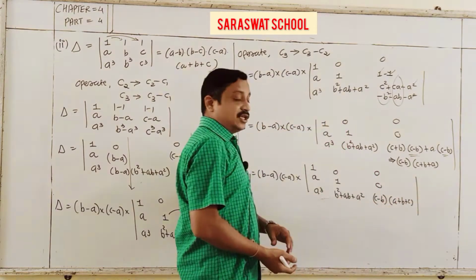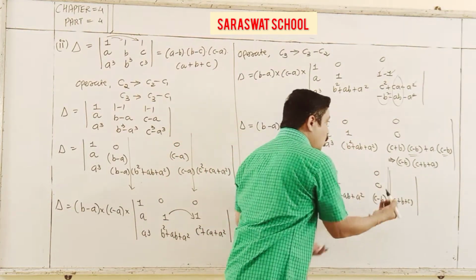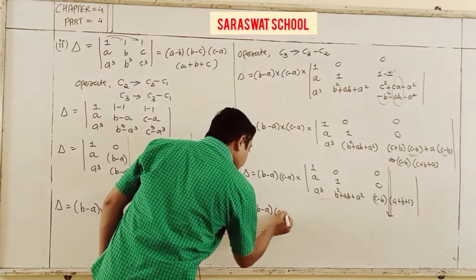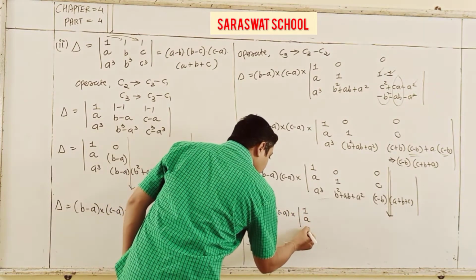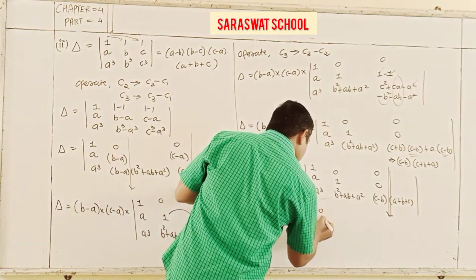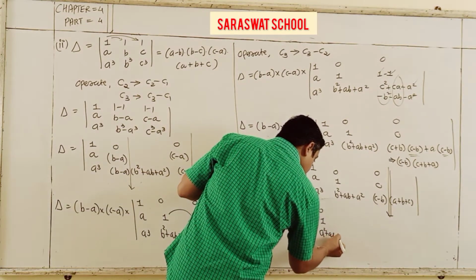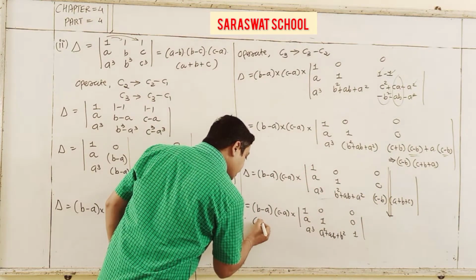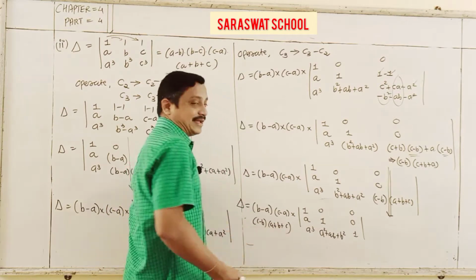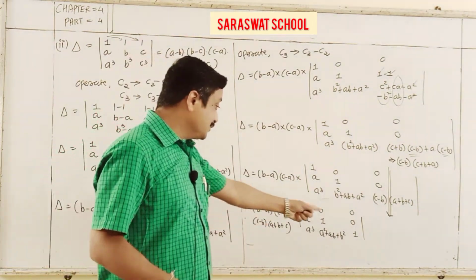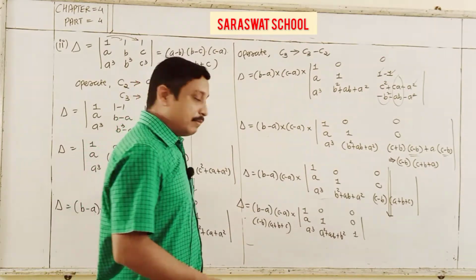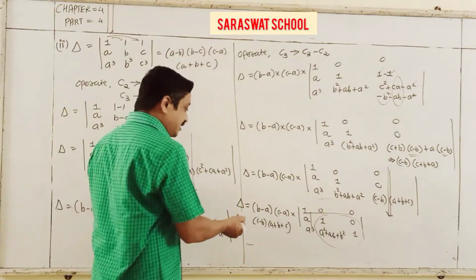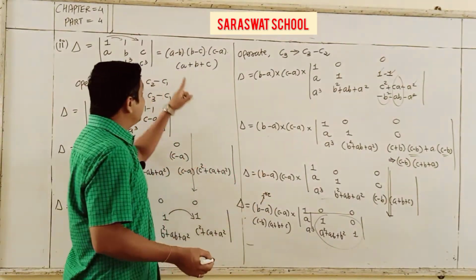I want this term fully common carried outside, so del b minus a, c minus a, 1 a cube, 0 1 a square ab b square, and 0 0 here 1, and these two terms I will write down outside, c minus b, like that. Now the number of 0s is at least more than 3, so to expand it by the definition, this expansion is surely only 1, and here you will take minus common outside, then you will get a minus b.